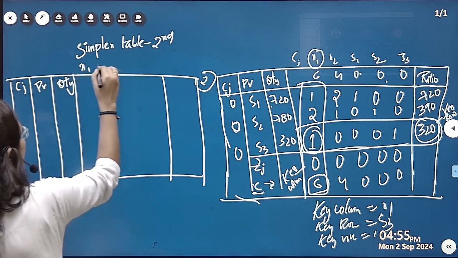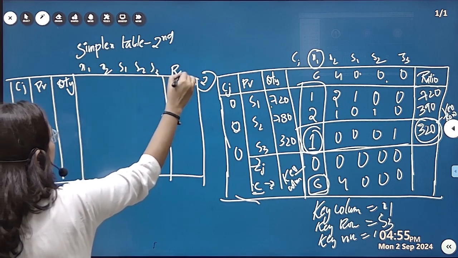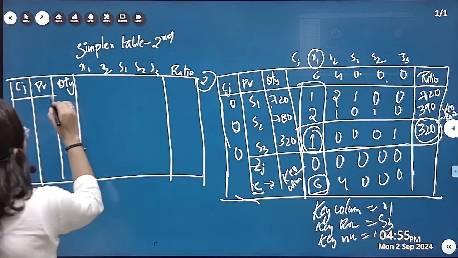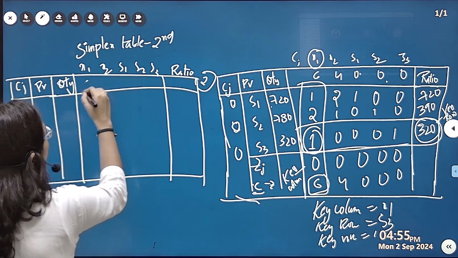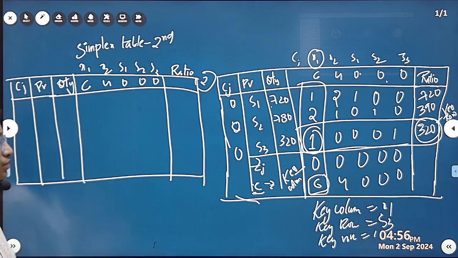So this is x1, x2, s1, s2 and s3 and ratios. So what's the value? 64000, right.